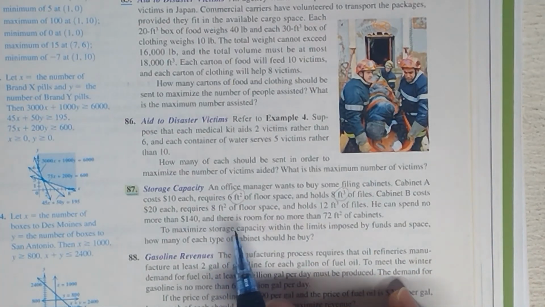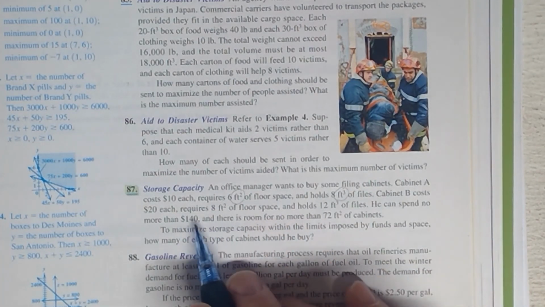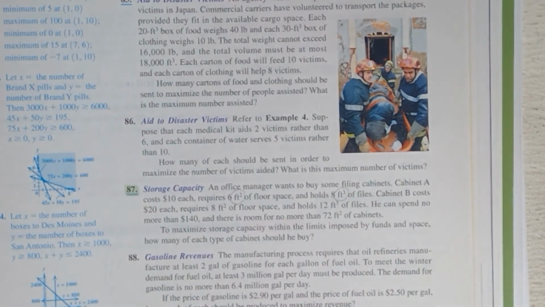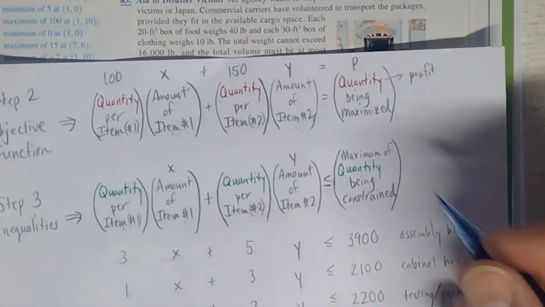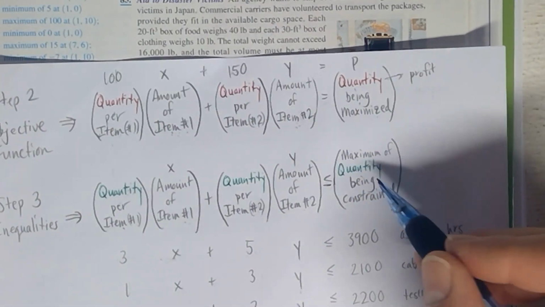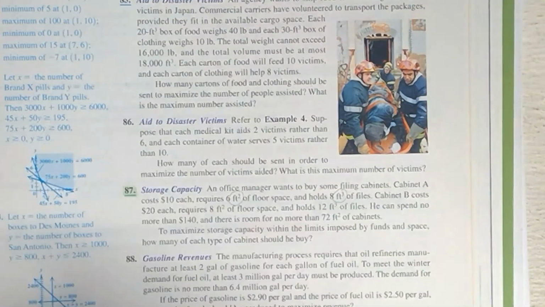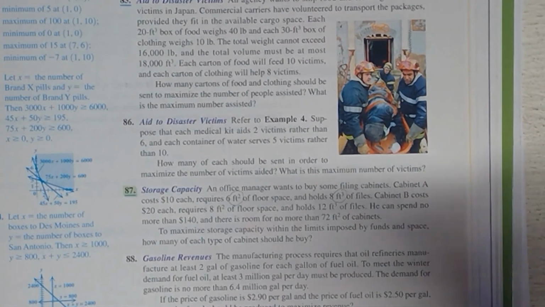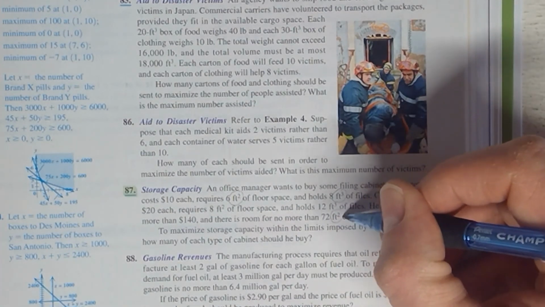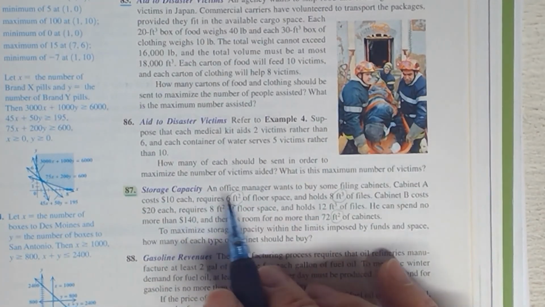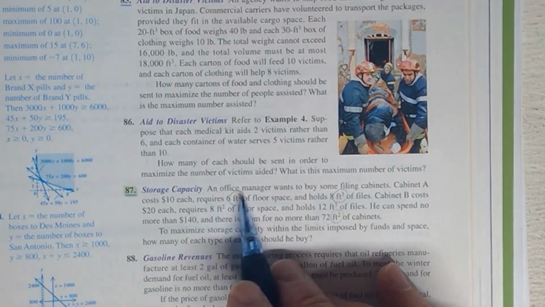So that's why these two numbers right here, the 140 and the 72, they are going to be the numbers that you would put over here. So you'd have less than or equal to 140, less than or equal to 72, that kind of thing. And notice the 72 is square feet. So that is related to the 6 and the 8, isn't it?